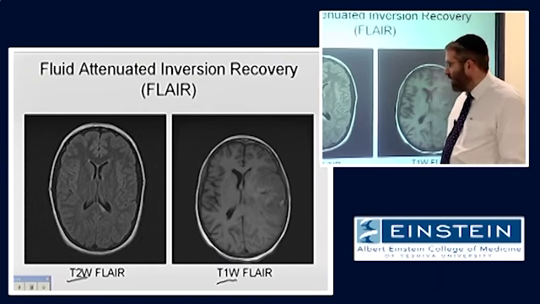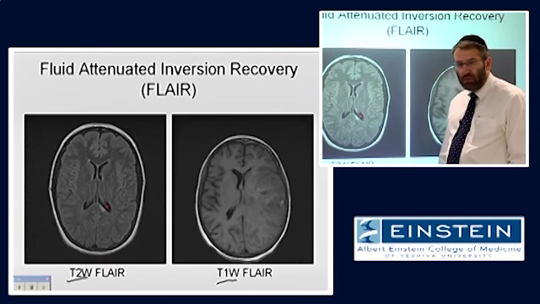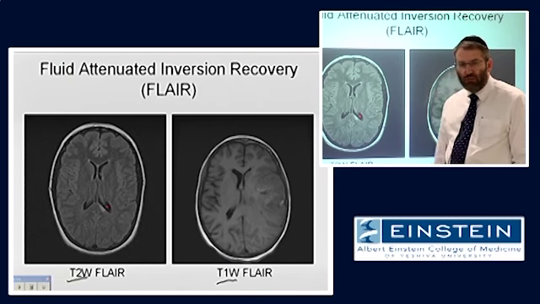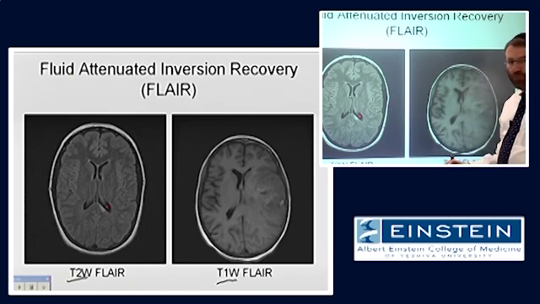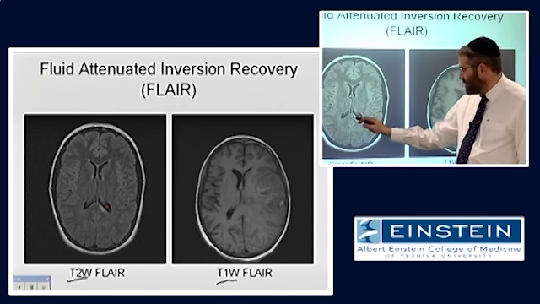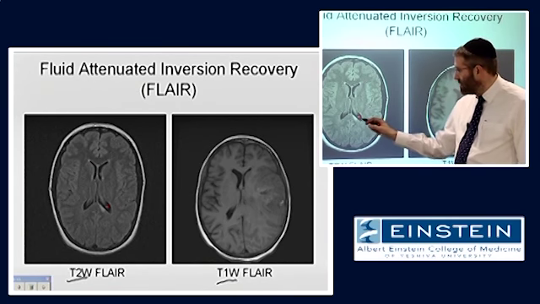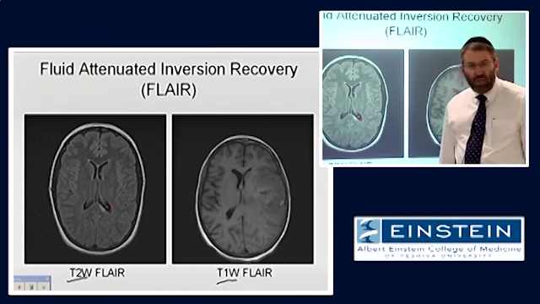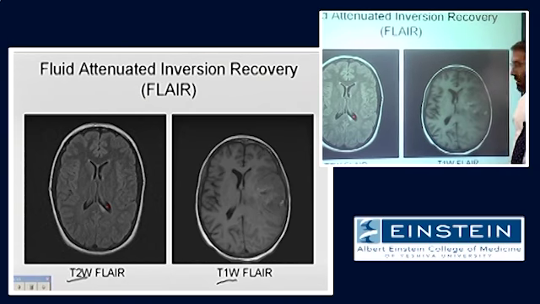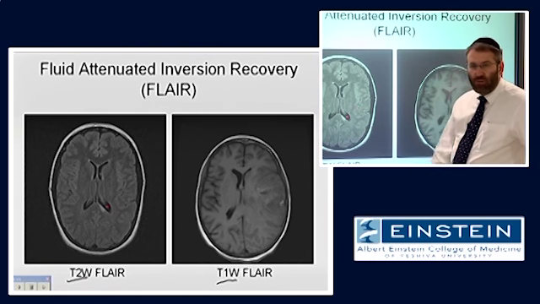But unlike your typical T2 weighted image where the CSF would be very high signal, we null the signal from CSF using inversion recovery. And that allows us, for example, to detect lesions that might be along the border of a CSF-containing space, like this thing, which is a little MS plaque. This would be very difficult to see if there were extremely high signal intensity throughout the ventricle.